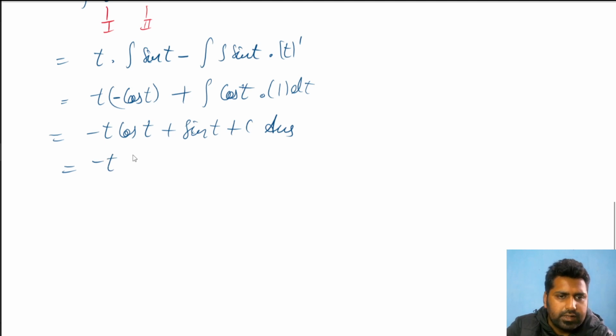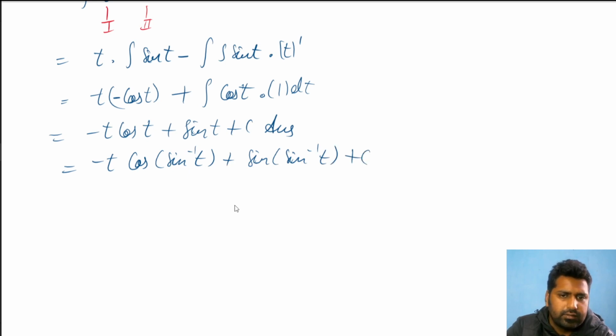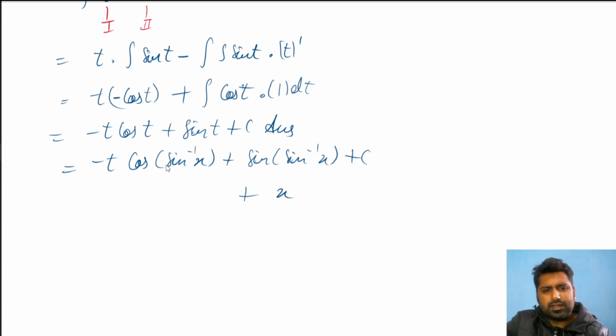So minus t cos of sine inverse x, plus sine of sine inverse x, plus c. Sorry, not t, x actually, it was x. So sine of sine inverse x: inverse and sine will cancel each other, but we cannot cancel this.